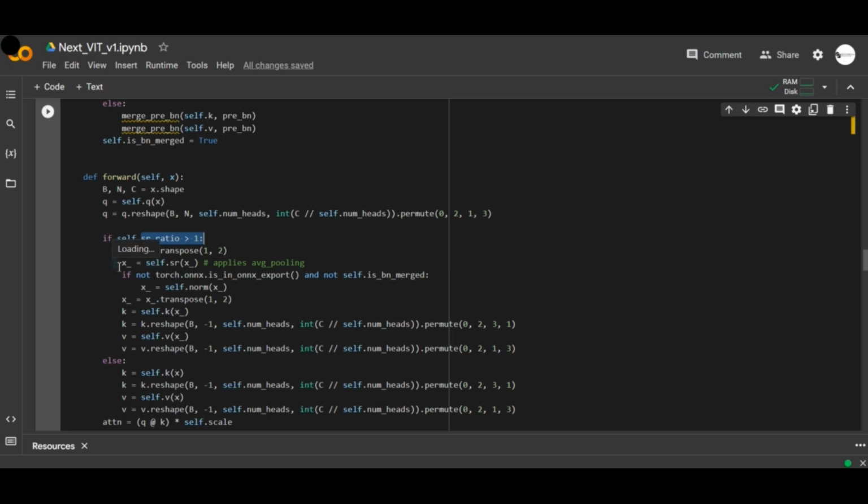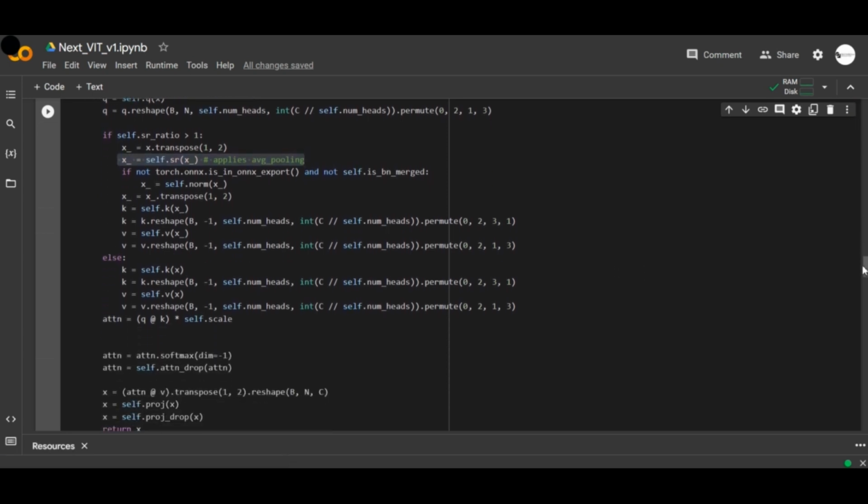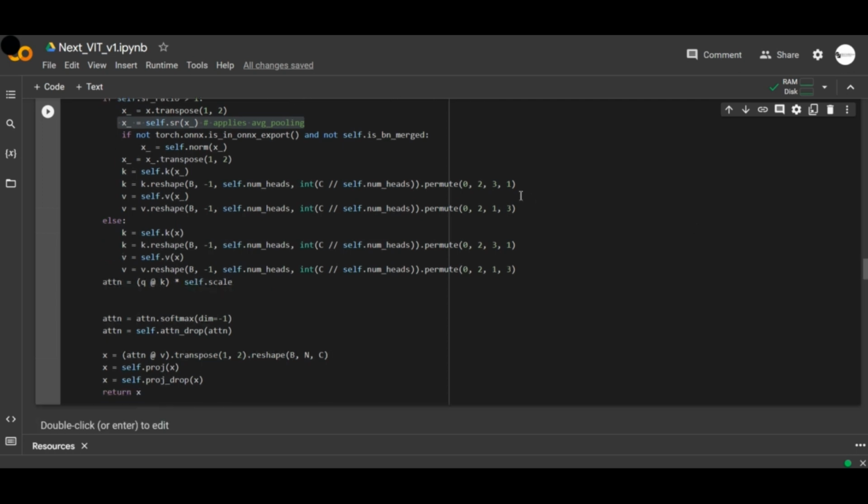I think here we apply the average pooling. Then when we are done with transforming the key and value, we get the dot product of the query and key, and we multiply this by the scale. So this is how the attention works. If you're familiar with the self-attention mechanism, this might look familiar.